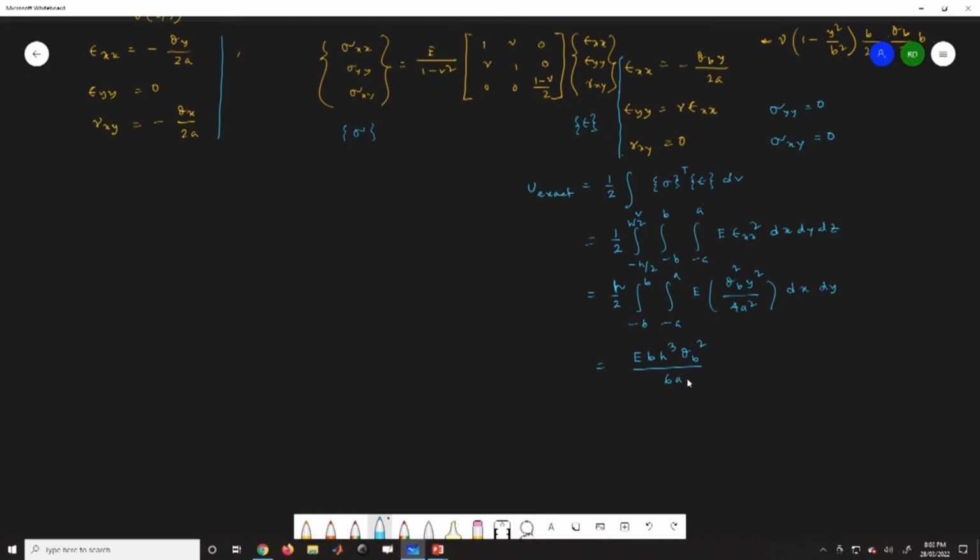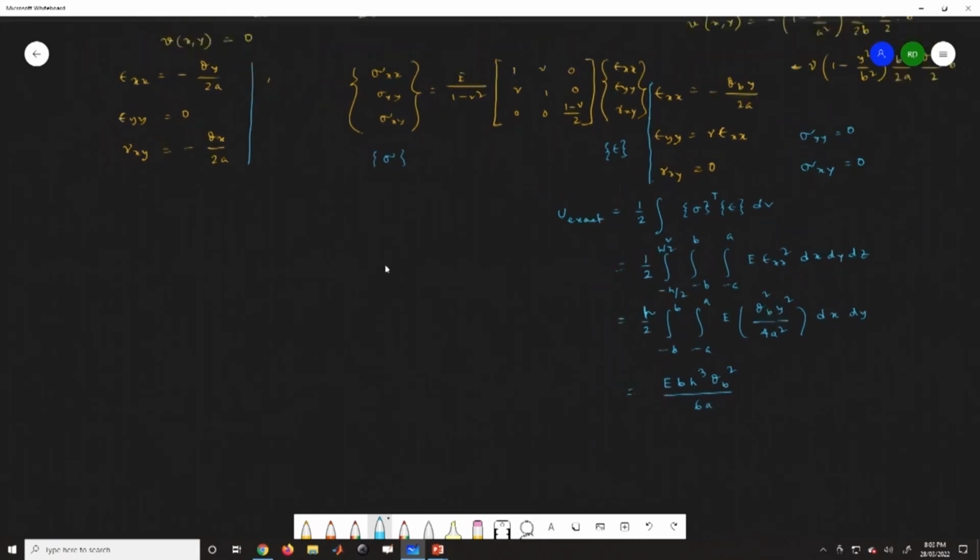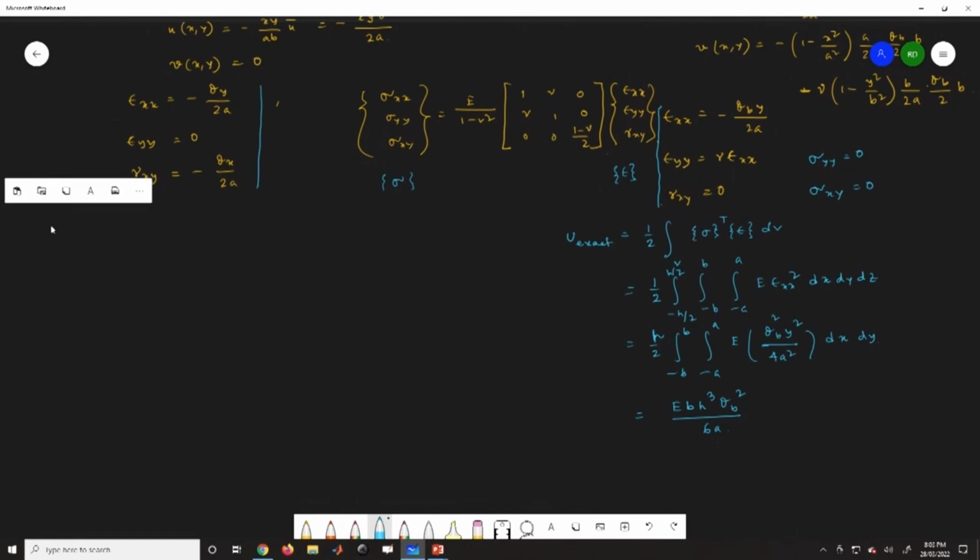Now similarly for the approximate element, if I write the strain energy, that is U is half of the integral over v of sigma transpose epsilon dv. If I compute the stresses here, I have epsilon yy 0, and gamma xy is minus theta x.